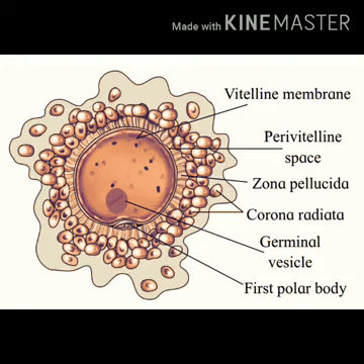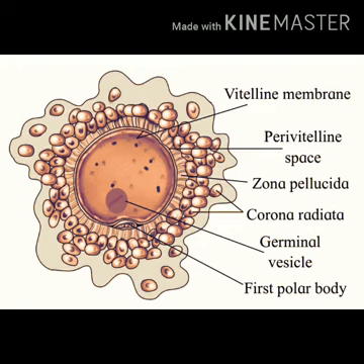This vitelline membrane secretes a non-cellular glycoproteinaceous membrane called zona pellucida on its outside. Adhering to the outer surface of zona pellucida are several radially elongated cells forming the corona radiata. These cells are derived from the innermost layer of granulosa cells.